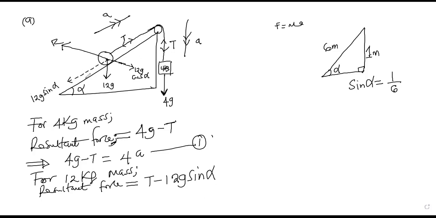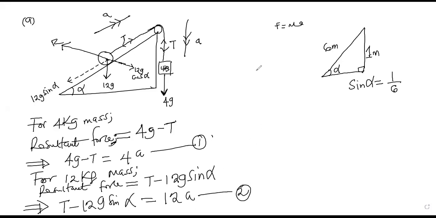So it is T minus 12G sine alpha, so that the overall equation becomes T minus 12G sine alpha is equal to 12A. Equation 2. Now, are we together with my equations?